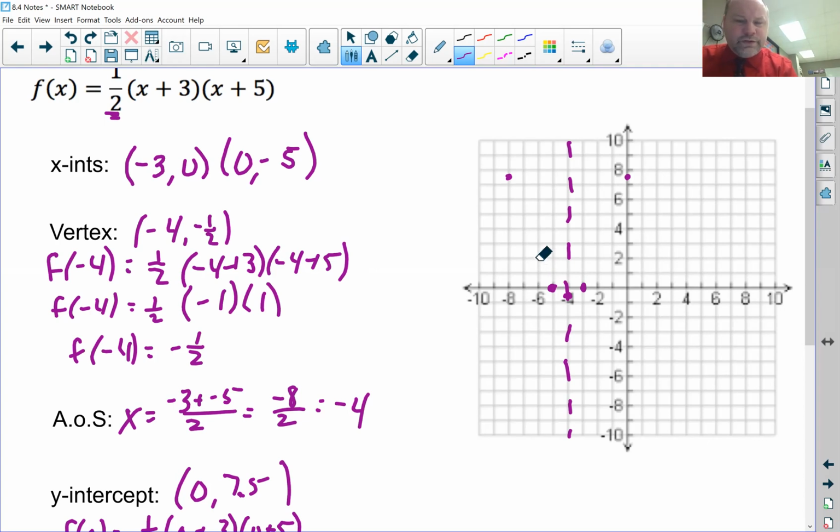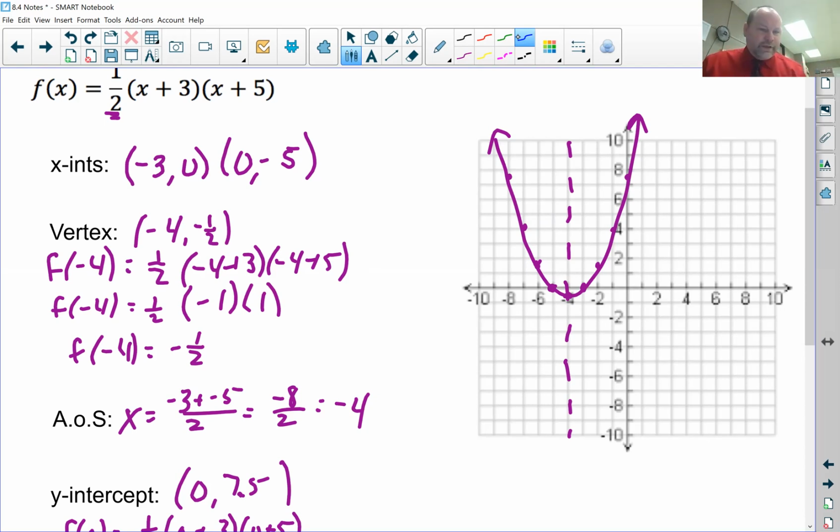So 1/2, 2/2, 3/2. Over 1 up 5/2: 1/2, 2/2, 3/2, 4/2, 5/2. And then the next one we have there already. So a little bit wider opening because of that 1/2.